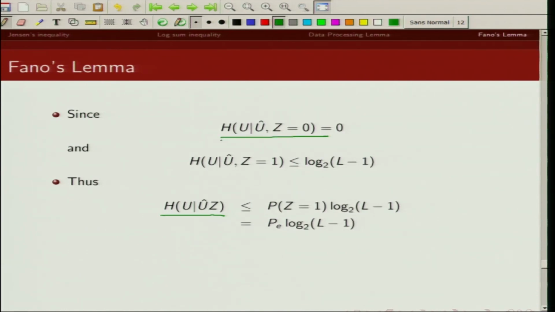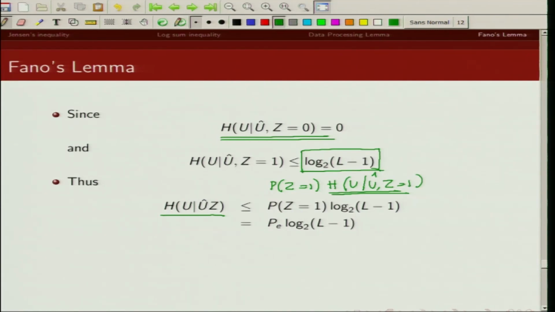Now this uncertainty is 0, so the only term left is probability of Z equal to 1 multiplied by the uncertainty in U given U hat and Z equal to 1, and this quantity we just showed is upper bounded by this. So we plug this value in here, and what we get is probability of Z equal to 1, which is basically the probability of error, times log of L minus 1. So what we have shown is that this quantity is upper bounded by this quantity.